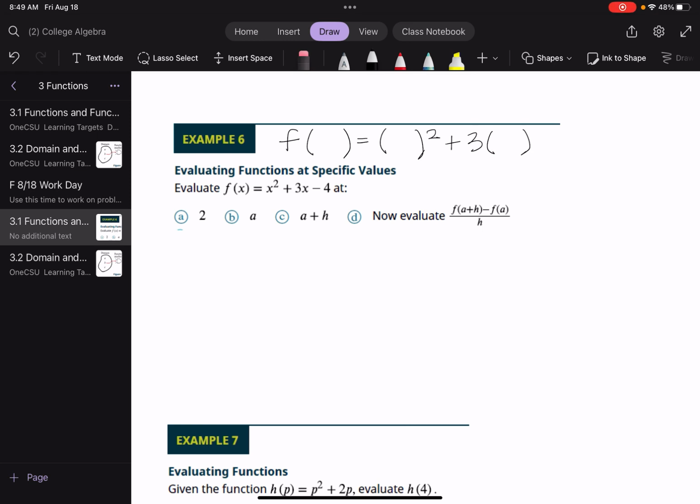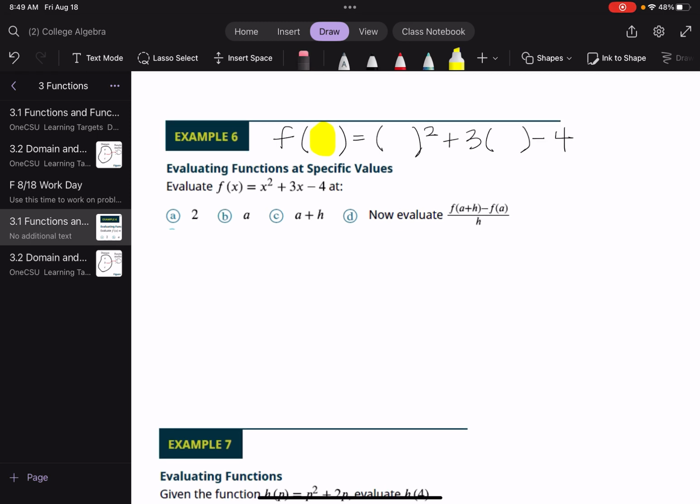to evaluate at. And essentially what this function f says, according to the input, let's call it a something. These are the instructions to how to calculate the output for f. So we just take whatever something they give us and square it, then add it to 3 times that something, whatever it is, and then subtract 4.